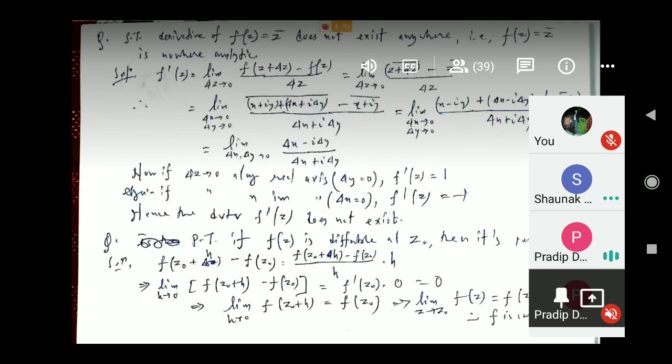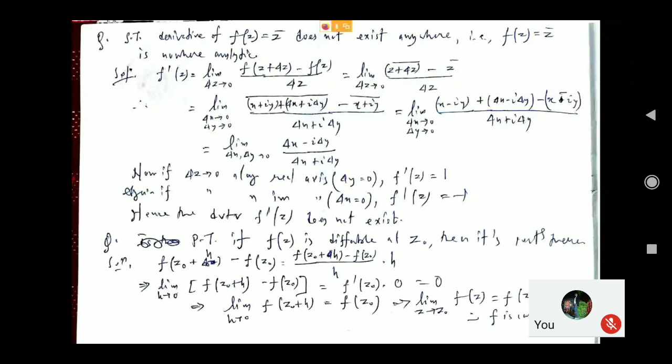So this is called the complex conjugate. The function here: input is a complex number and output is its conjugate. We have to show that this function is not differentiable anywhere.